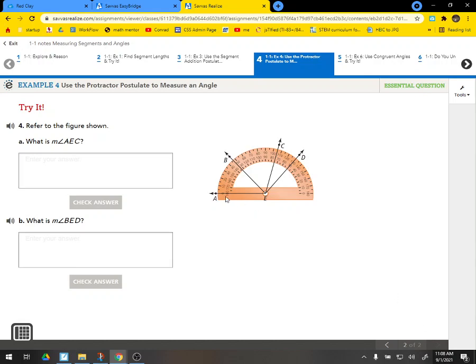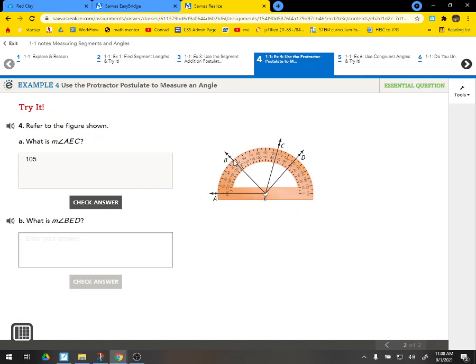So here, like if I wanted A, E, C, start at A, go to E, go to C, well, A starts at 0. This is normally the way that we do it. All I have to do is look and see where C hits. C hits at 105. So I know that AEC actually is just 105. I don't have to do any more work after that. And then angle BED, this is annoying now because I'm not starting at the flat 0 anymore.